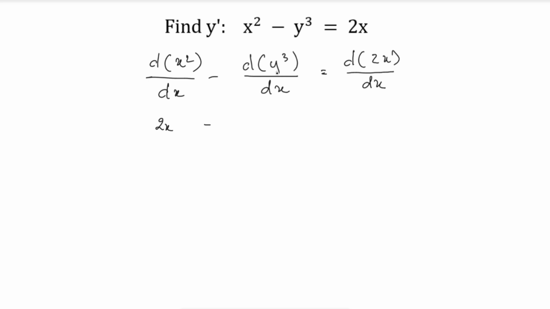Minus, in here you can see dy cubed, we would take the derivative of y cubed in terms of x. We cannot do that because this is a function in terms of y. We cannot take the derivative in terms of x.